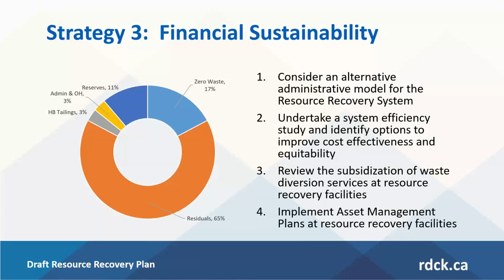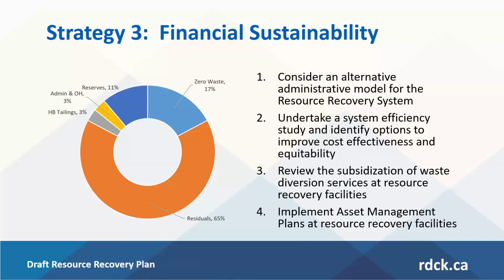So based on these costs, the third strategy is dealing with financial sustainability. If you look at the pie on the left, you can see that the biggest amount of money is spent on residual management, on landfills, protecting the environment. And so the plan has actions to, one, consider an alternative administrative model for the resource recovery system.